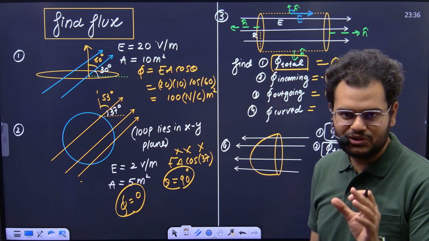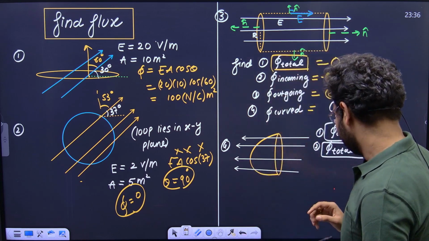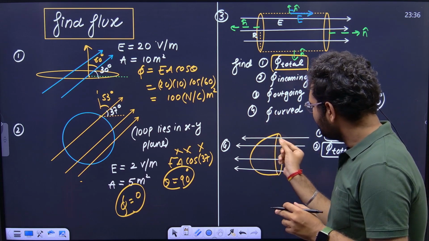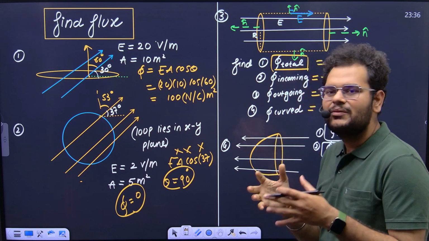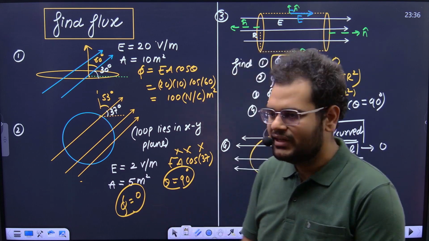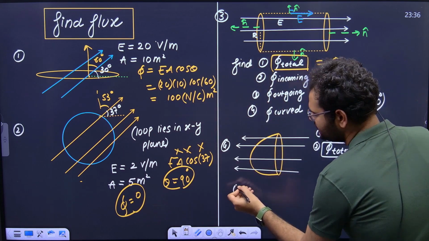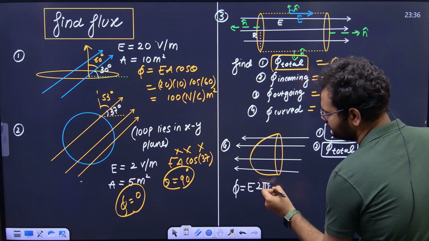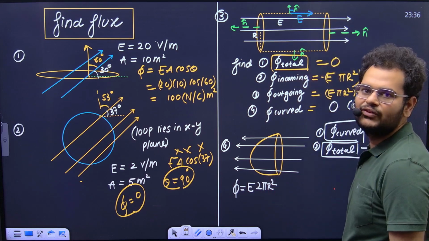Now this is a good question. See one thing. Here I cannot write that for curved surface. Sir, what is area? By the way, hemisphere curved surface area is 2 pi r square. Can I write flux as electric field into 2 pi r square? I cannot write. Why I cannot write?